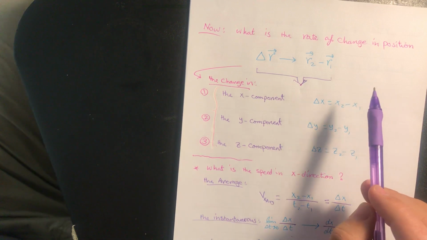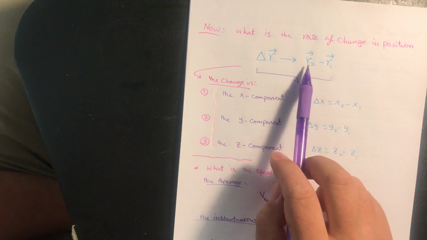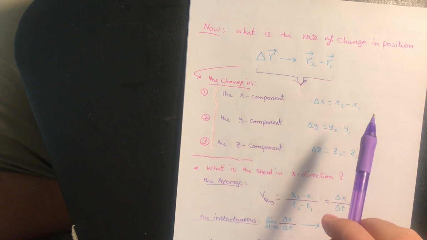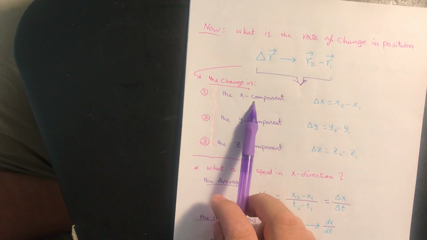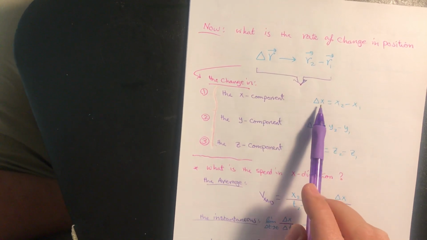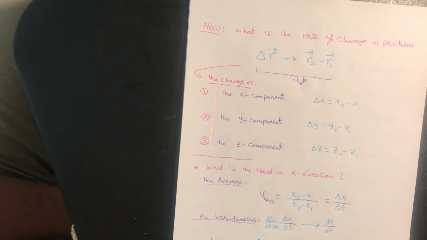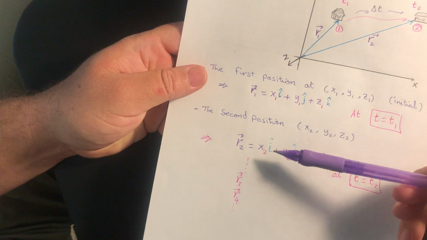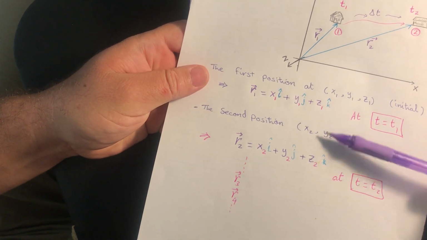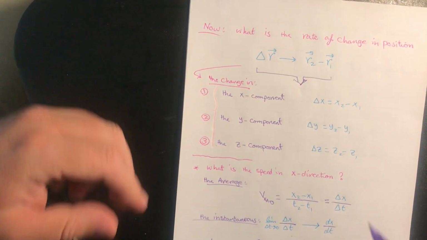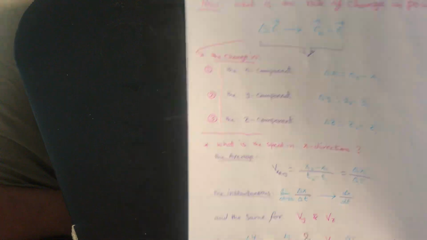We can take delta r as a vector, which is r2 minus r1. How can we do that? By using the components. We have delta x, which is x2 minus x1, because we have r2 minus r1. We just need to do this operation: x2 minus x1, y2 minus y1, z2 minus z1. This is the change in position using the components.